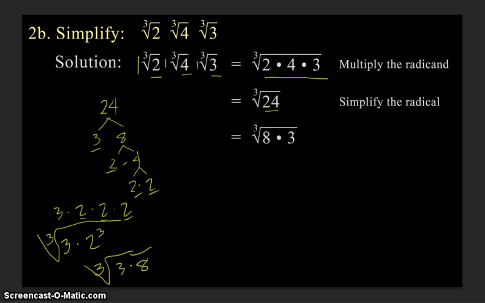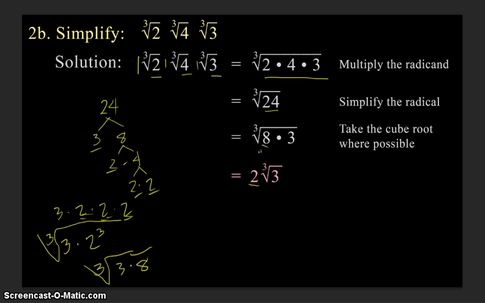Okay. Yan, so cube root of 8 times 3. So 8 is a perfect cube root. So lalabas si 8. So magiging 2. That is 2 times 2 times 2.